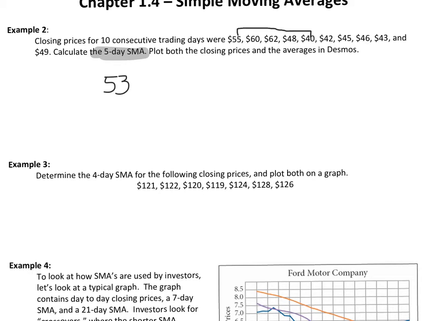Change my colors. Notice, as I said before, finding averages is not hard, it's just a little tedious. Now I'm going to do 60 through the next number: 60 plus 62 plus 48 plus 40 plus 42, divided by 5, equals 50.4.